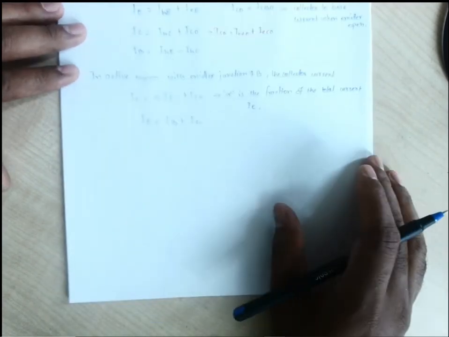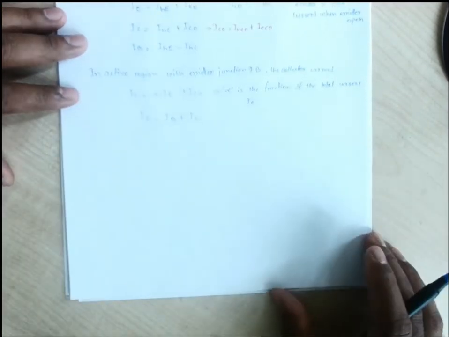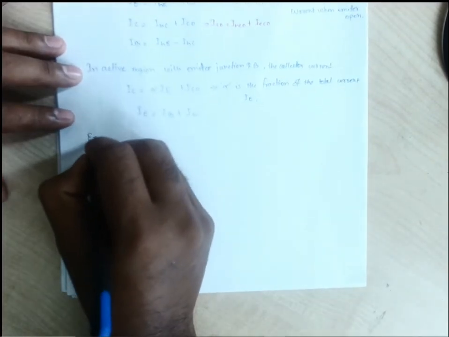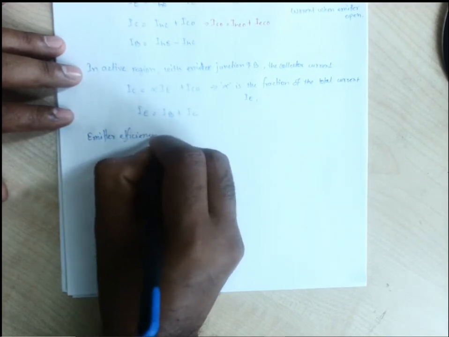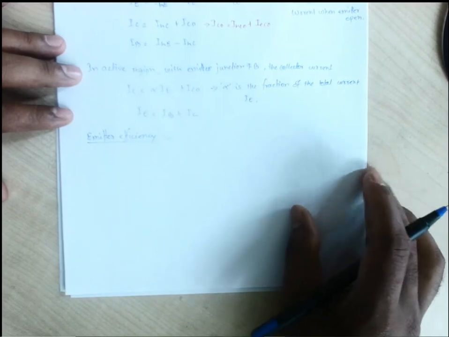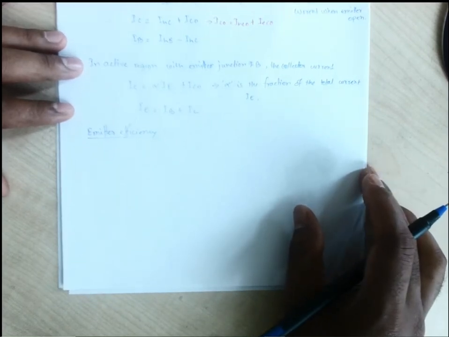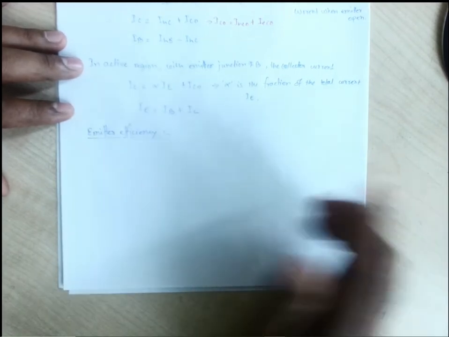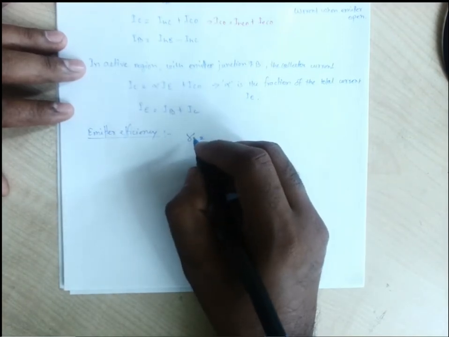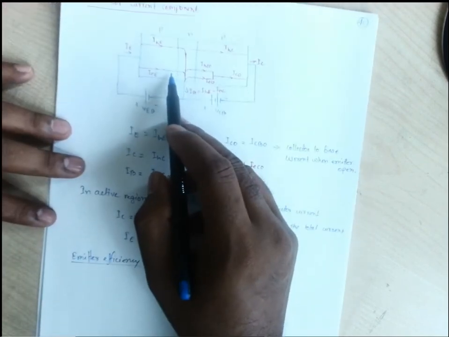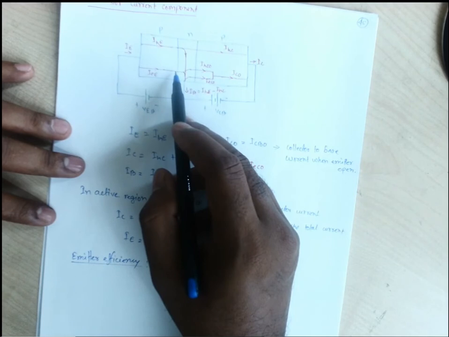Now there are some terms or parameters known as emitter efficiency. What is that? The emitter efficiency is represented by gamma. It is the ratio of the current of injected carriers at this junction, JE, out of the total emitter current.